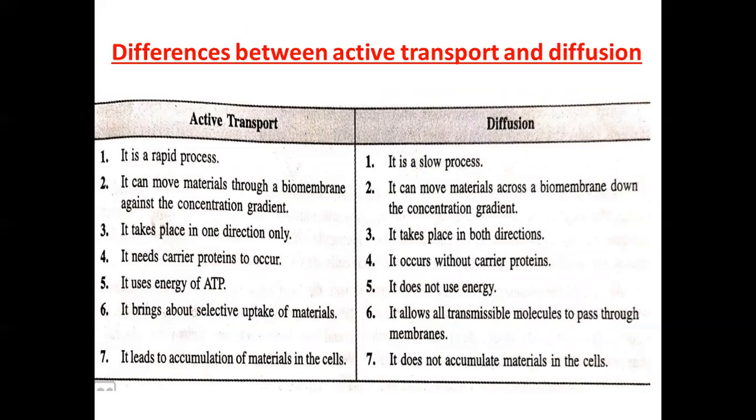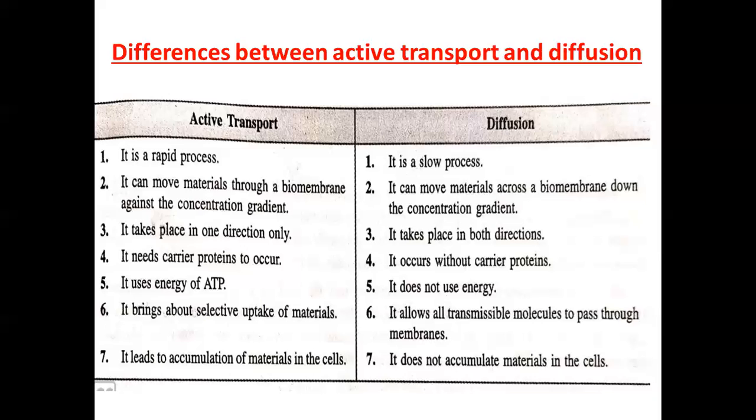Third, active transport takes place in one direction only, and diffusion takes place in both directions. Like if inside concentration is higher, then it will move out. If outside is higher, then it will move in. Active transport needs carrier proteins to occur. In diffusion, it occurs without carrier protein. It does not require any carrier protein.